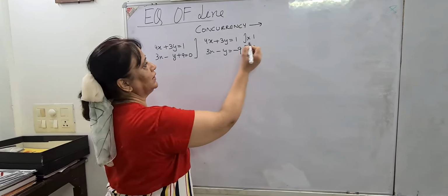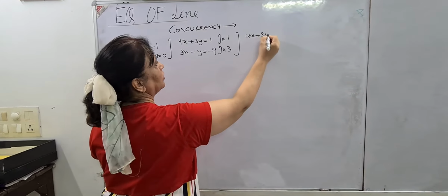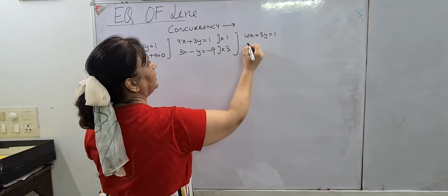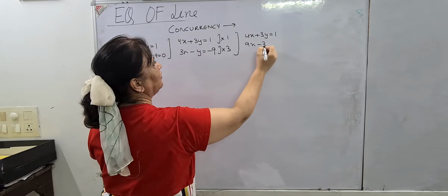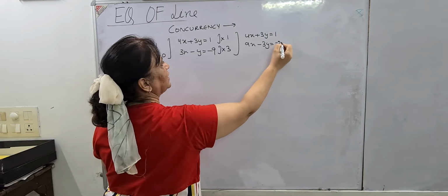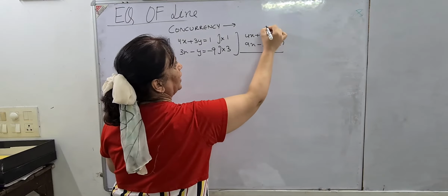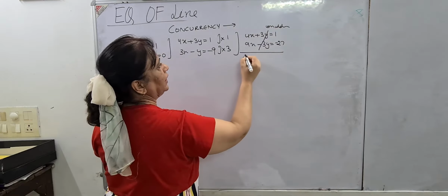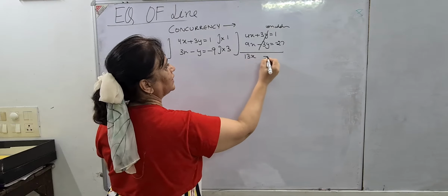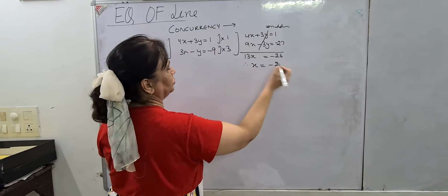So I am doing it, see what I get. 4x plus 3y is equal to 1, and of course 9x minus 3y is equal to minus 27. Solve it, because opposite sign, so on adding, 9 plus 4 is 13x is equal to minus 26, or x is equal to minus 2.